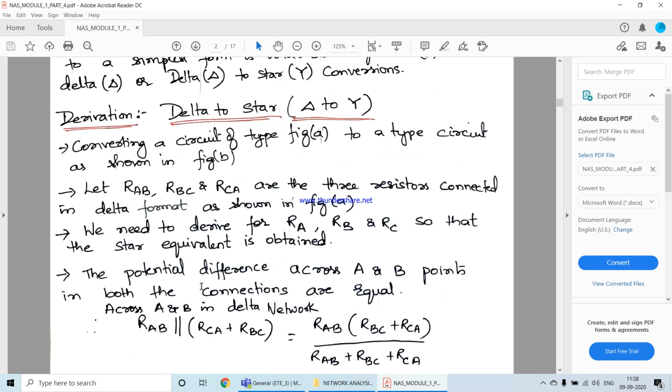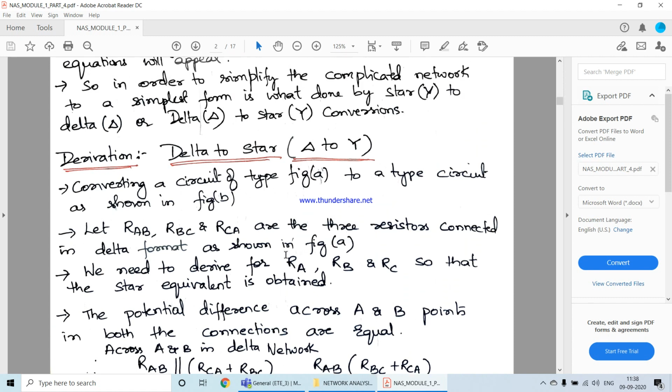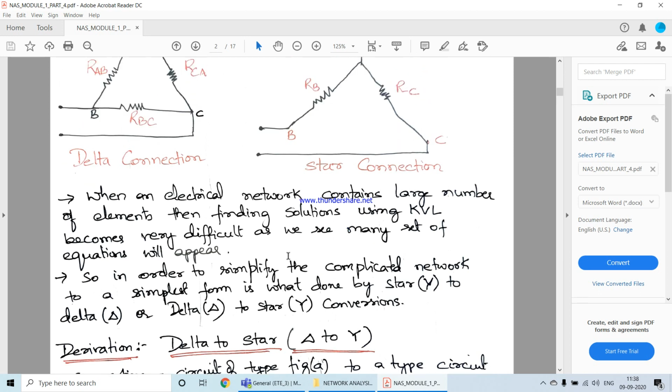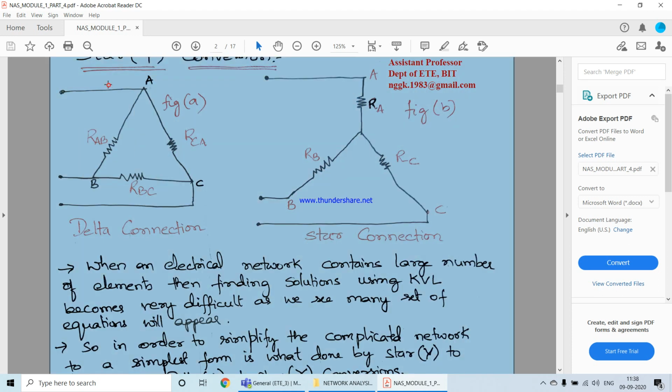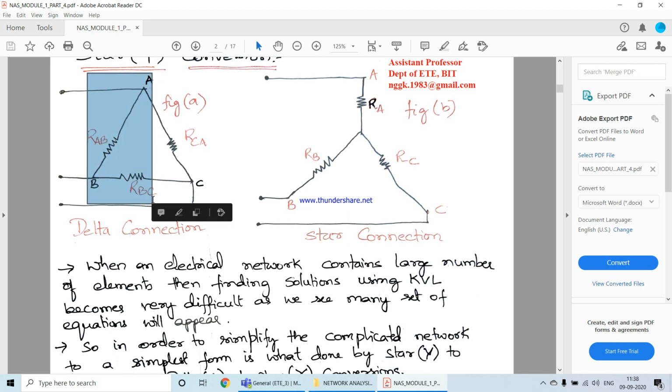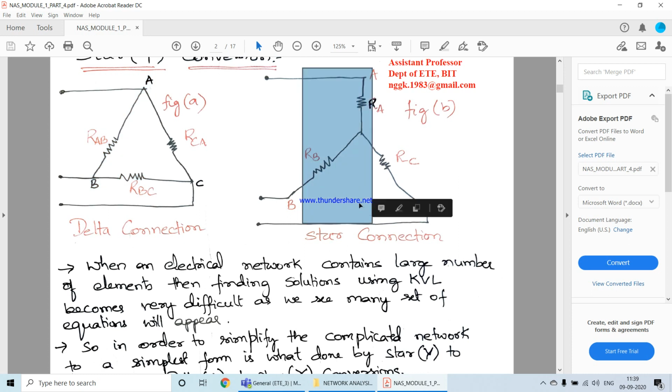Now let us assume the potential difference across A and B points in both the connections is equal. It means the potential difference across this A and B in the delta network is equal to the potential difference across this A and B in the star network. So when potential differences are equal, then the equivalent resistances across A and B are also equal.